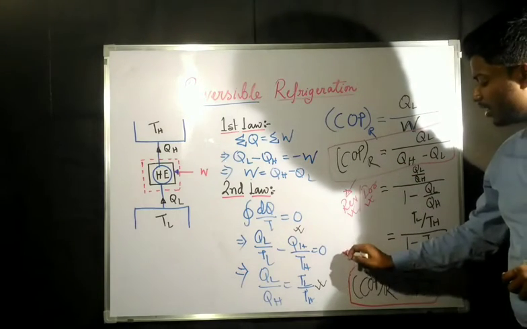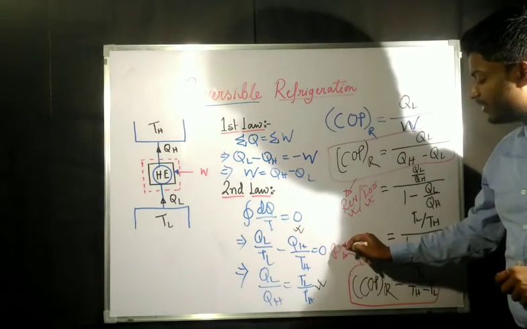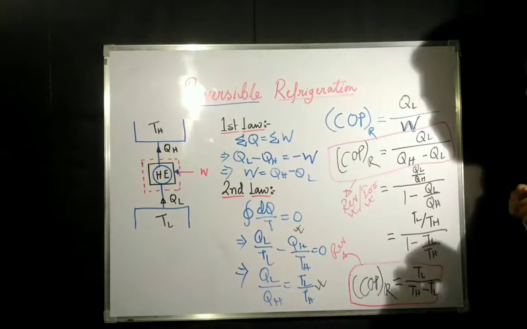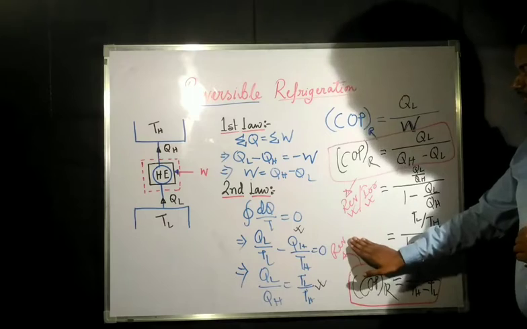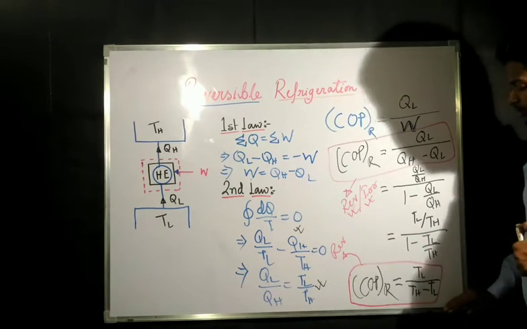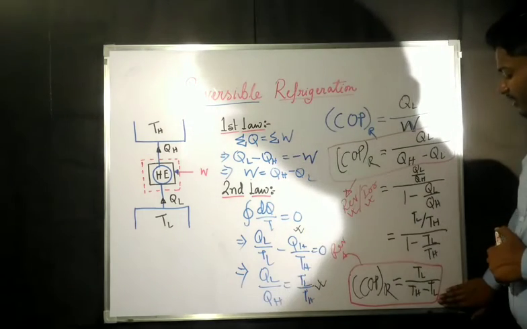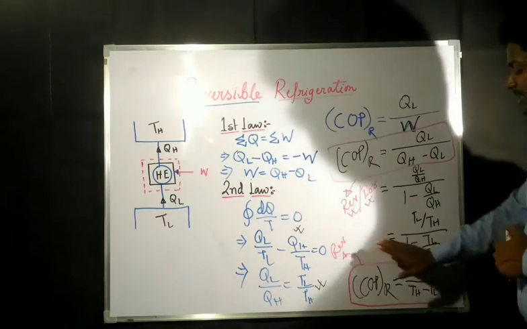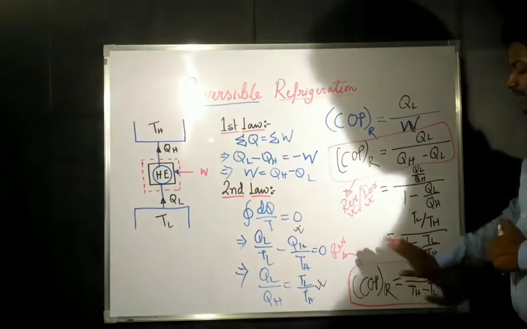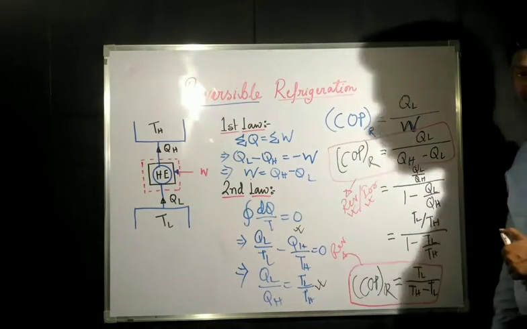But this formula will be applicable only if it is mentioned that the system is reversible. Like the previous cases, it has to be mentioned that this is reversible, and the temperatures, higher temperature and lower temperature, are given; only then can you take the coefficient of refrigeration, and this is going to be reversible.